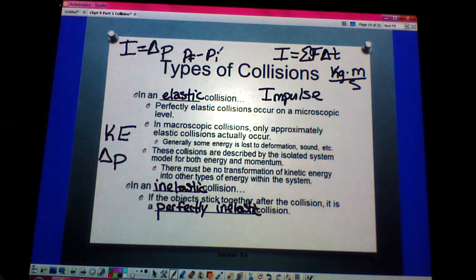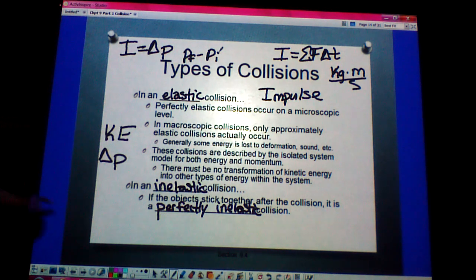In elastic collisions, we talked about how momentum will always be conserved. In an inelastic collision, momentum is also always going to be conserved. So momentum must be conserved in all collisions.